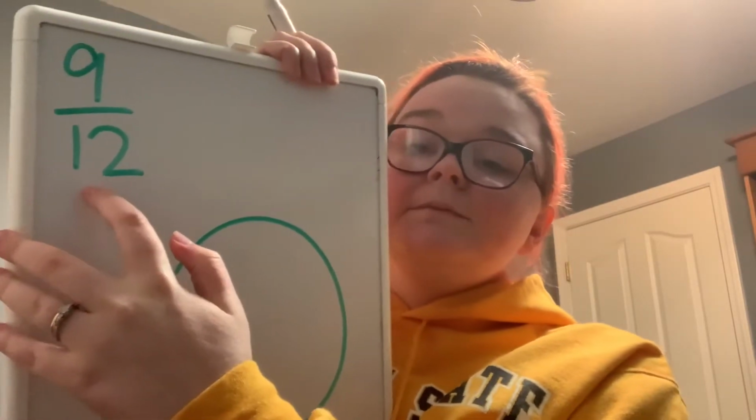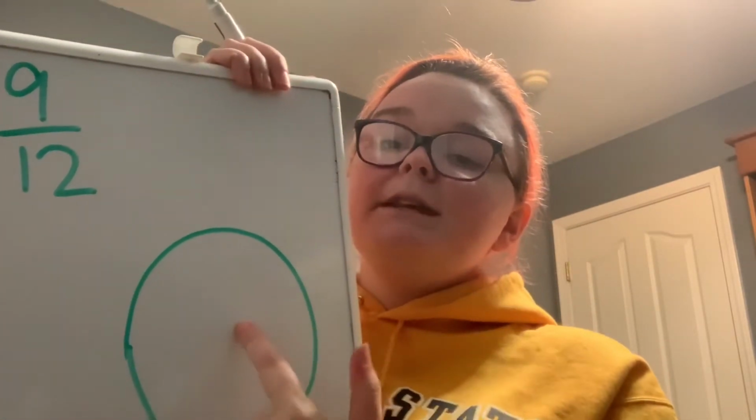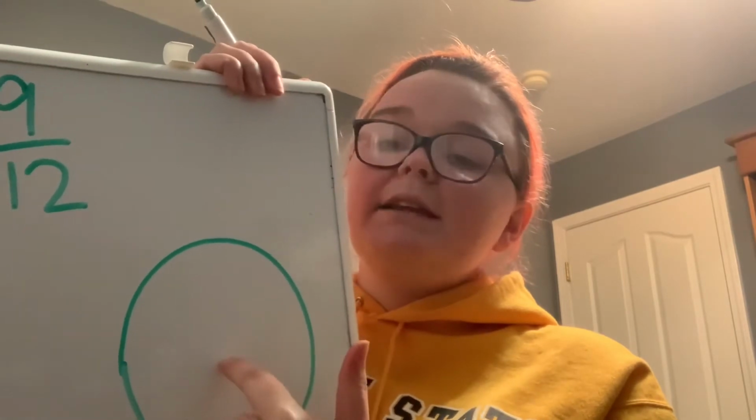So I'm going to make my circle. And then again, we will use the denominator to tell us how many pieces or parts we need this whole to be broken into. So in this example, that is 12 parts.